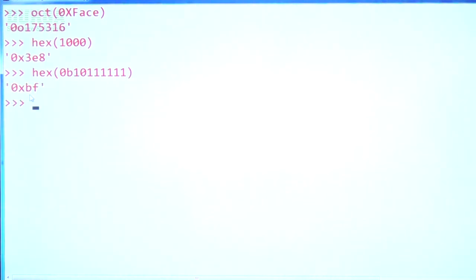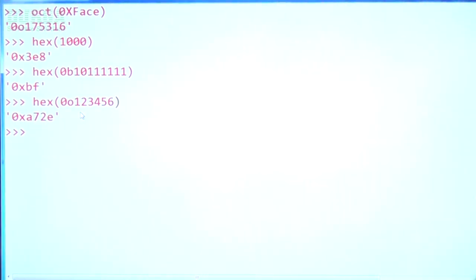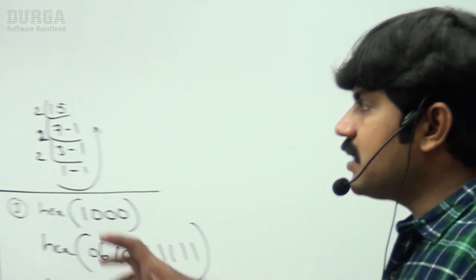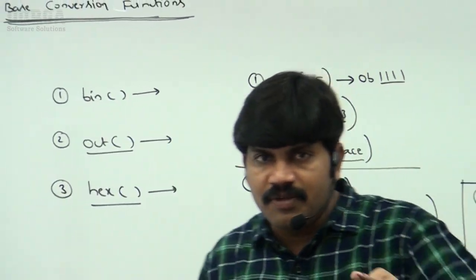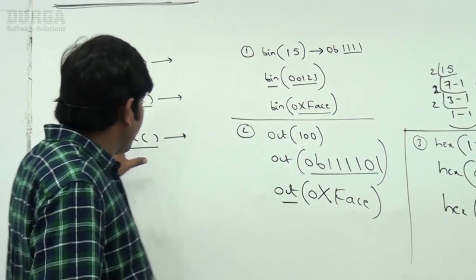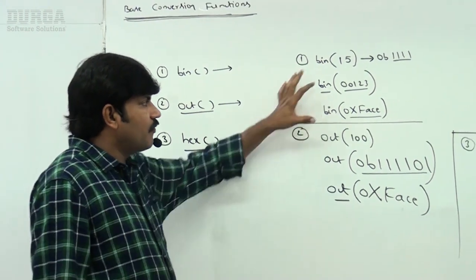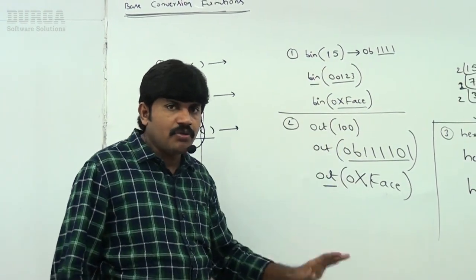What is the answer? 0xbf, the equivalent hexadecimal number. Hex of 0o123456, what about its value? Just observe: 0xa72e. So by using these base conversion functions, bin, oct, and hex, we can happily convert from one base to another base.